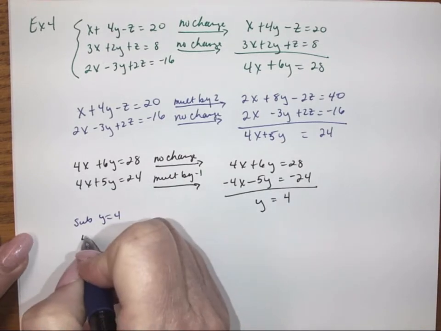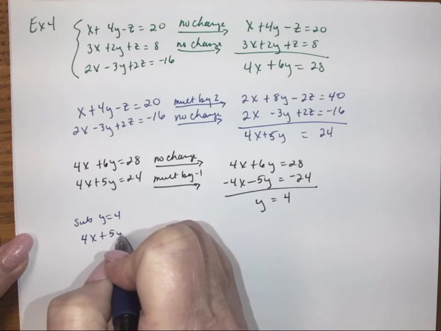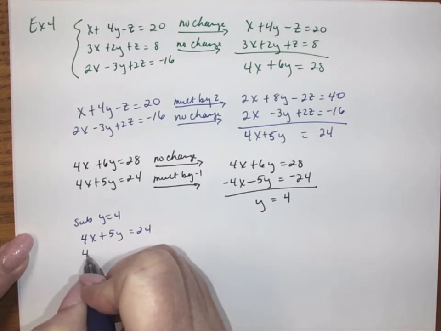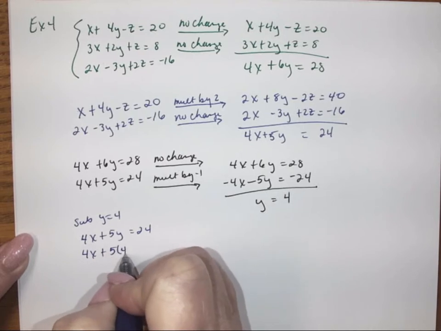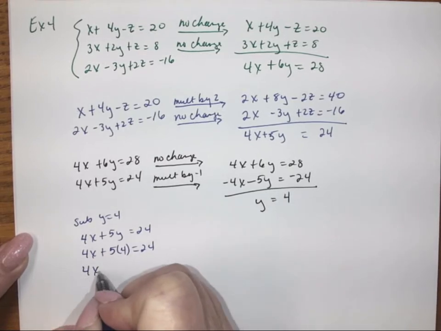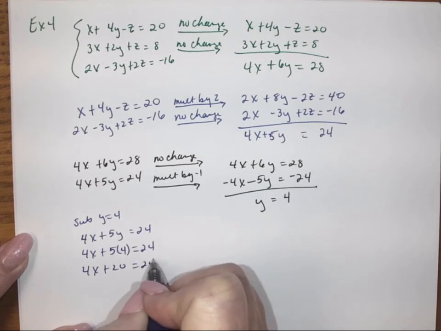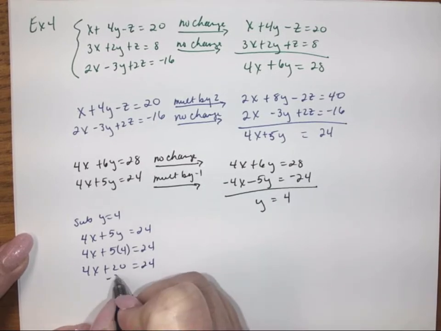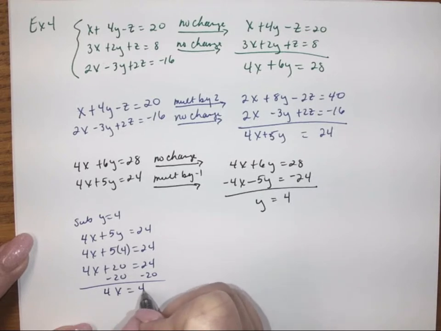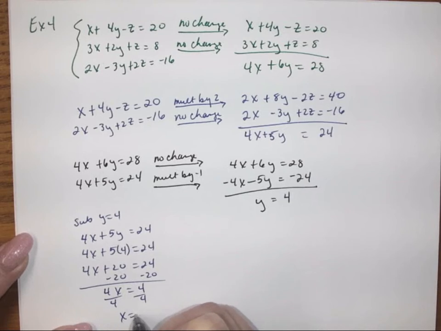So we'll have our 4x plus our 5y equals 24. So 4x plus 5 times 4 equals 24. So 4x plus 20 equals 24. Subtract the 20 over. 4x equals 4. Divide by 4, and x will equal 1.